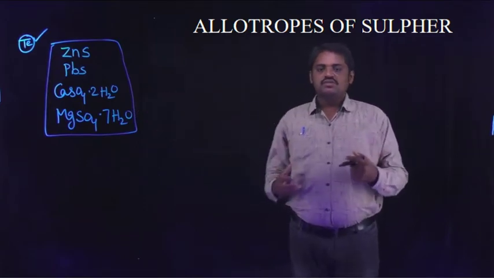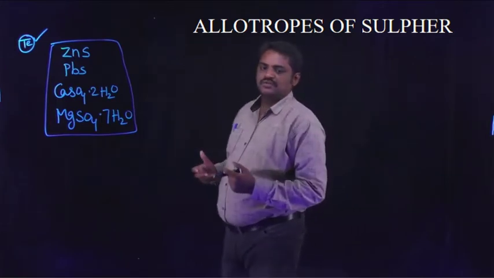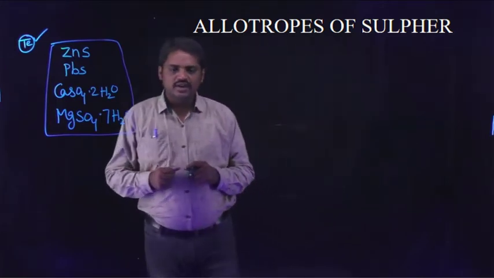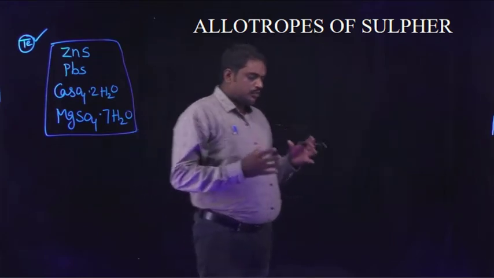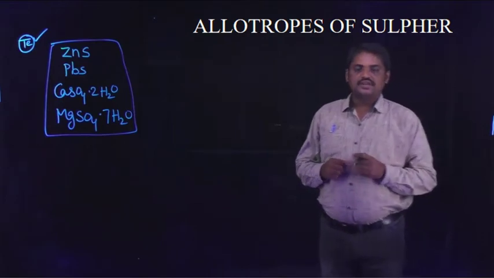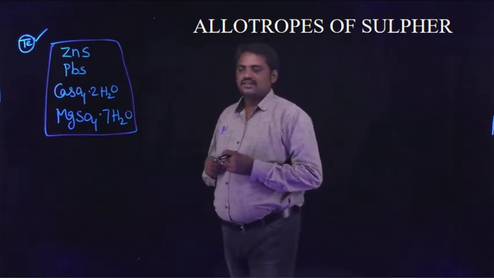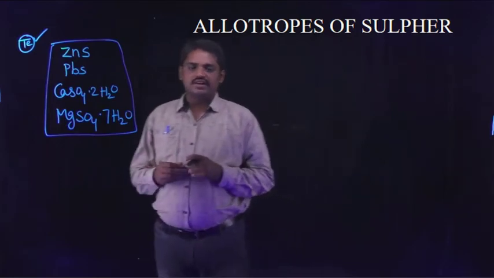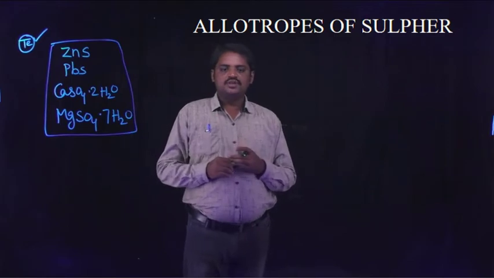These two compounds are also main sources of sulfur. Pure sulfur is also available in different types of ores, which are concentrated to produce pure sulfur.